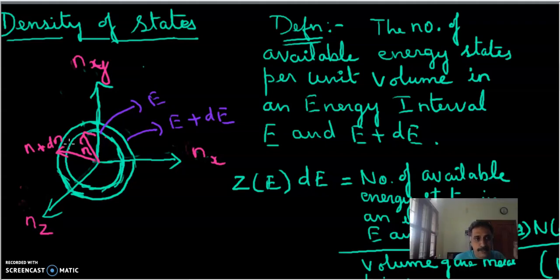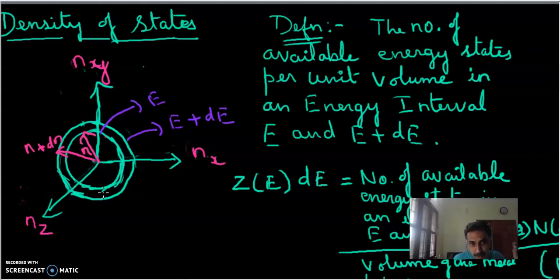So with this arrangement we have drawn a sphere, a quantum sphere, an imaginary sphere of radius n and n plus dn to represent the energy state E and E plus dE as shown in the figure. Suppose this is the sphere with radius n.